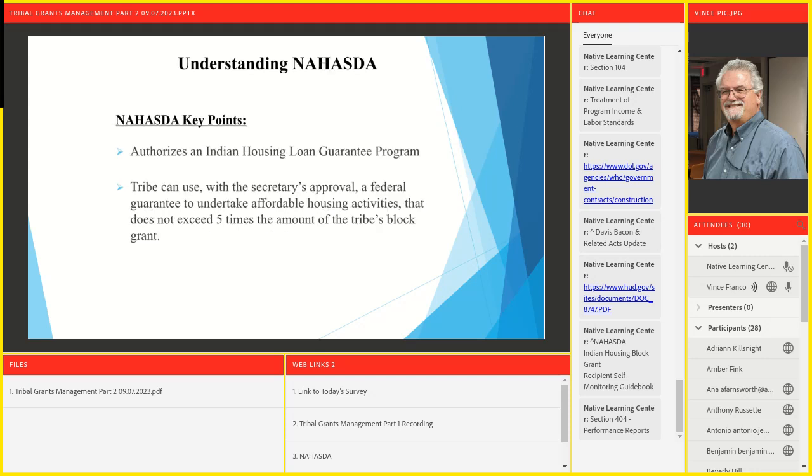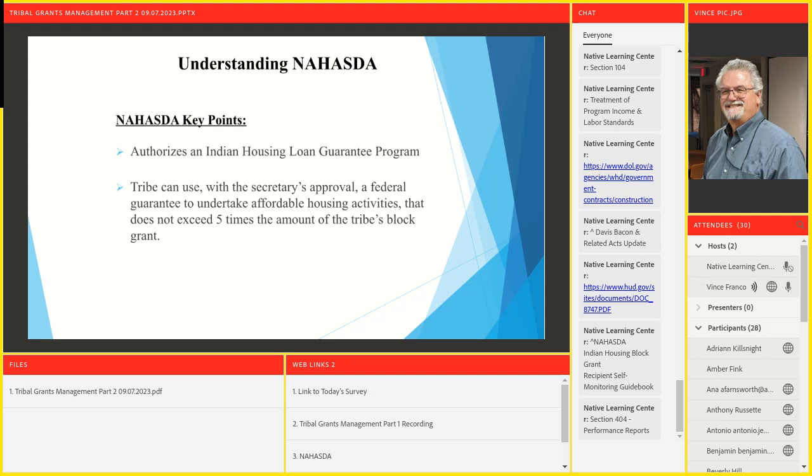And I talked about the loan guarantee program, and the second bullet, tribes can use the Secretary's approval. Let me put a clear definition on that phrase, Secretary's approval, for federal guarantee and other things. What the Secretary's approval really is, is the term I used before, prior approval.